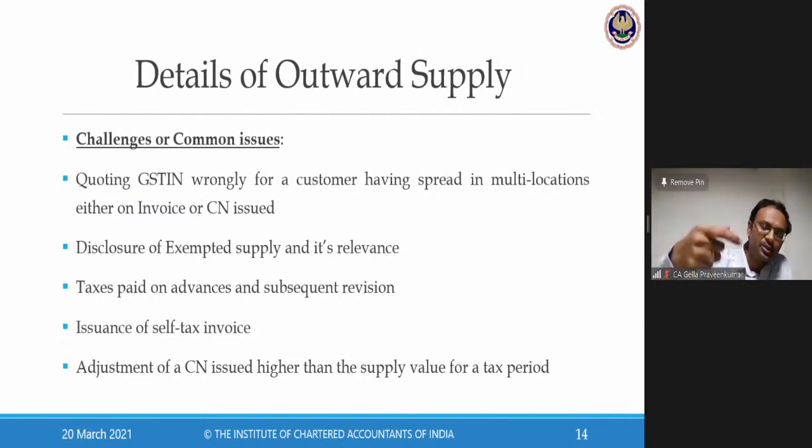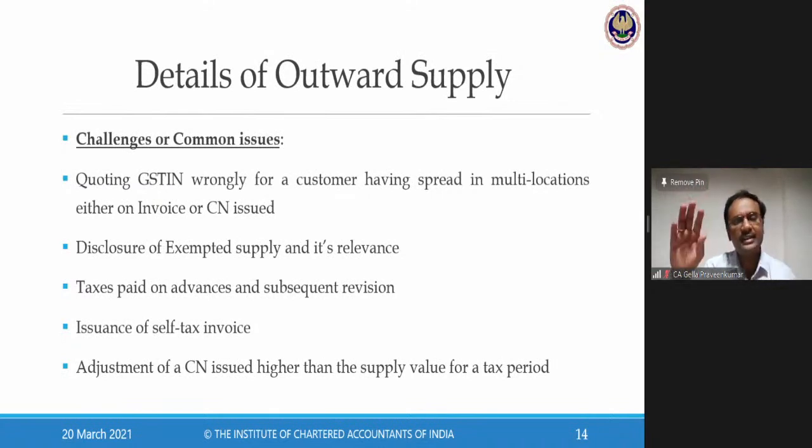The IGST credit which should have gone to Wipro Tamil Nadu has gone to Wipro Maharashtra as SGST and CGST. This is one practical issue we have with respect to raising an invoice where one customer has got multiple GST numbers.